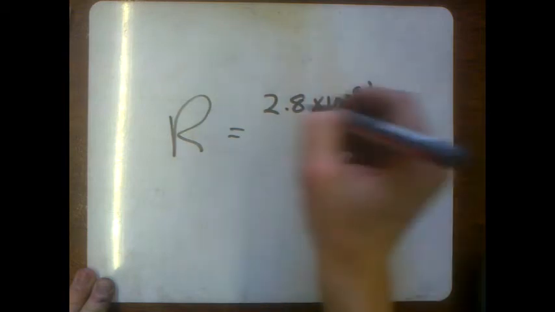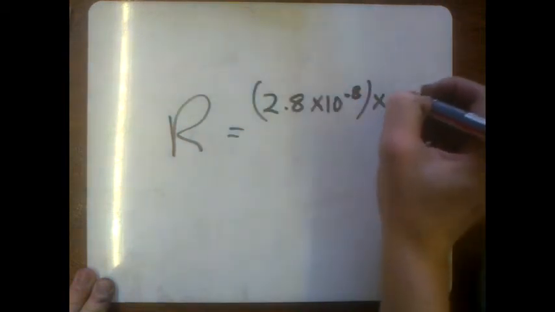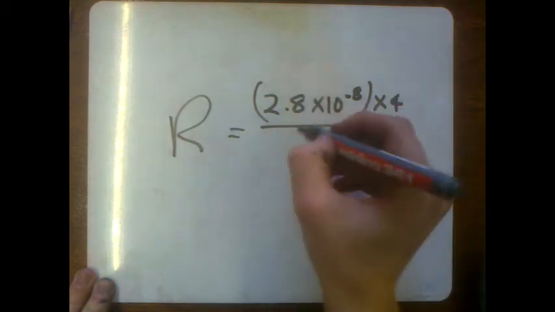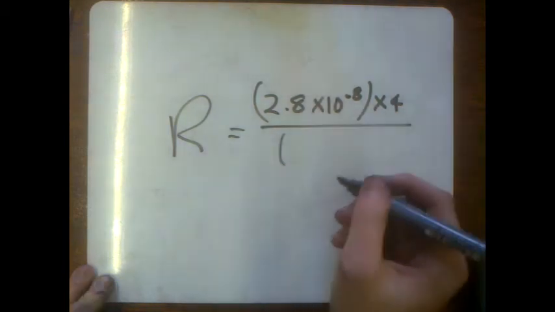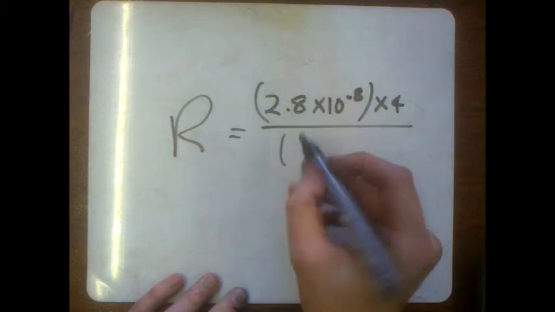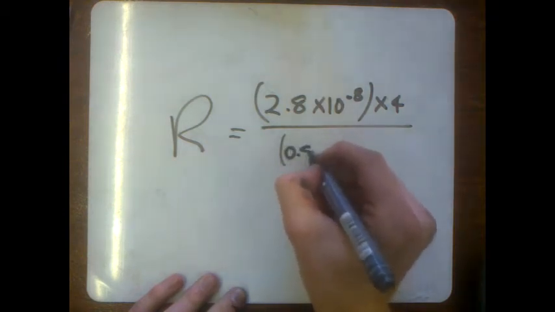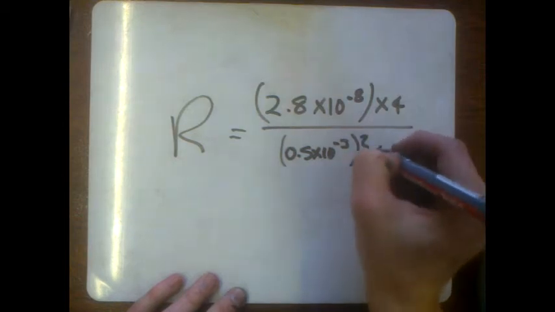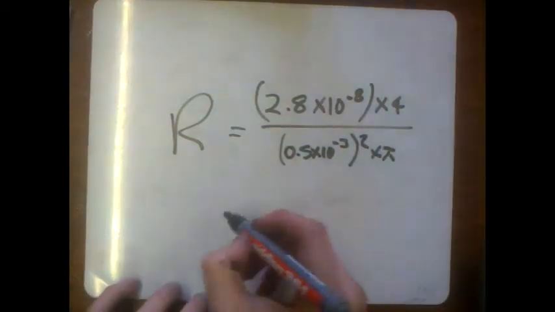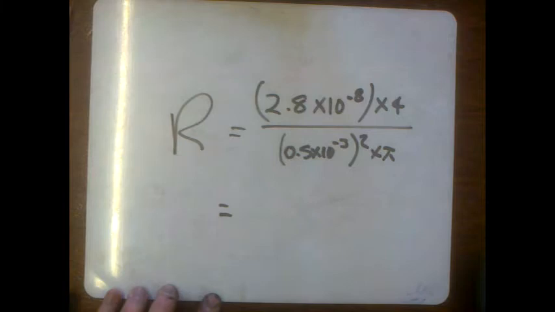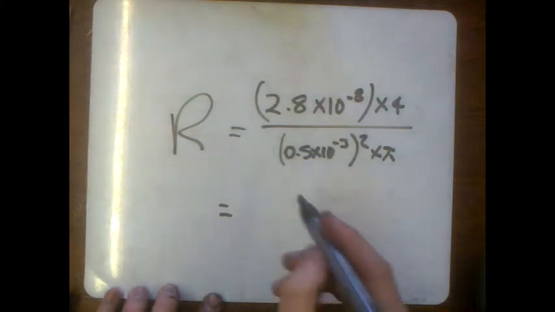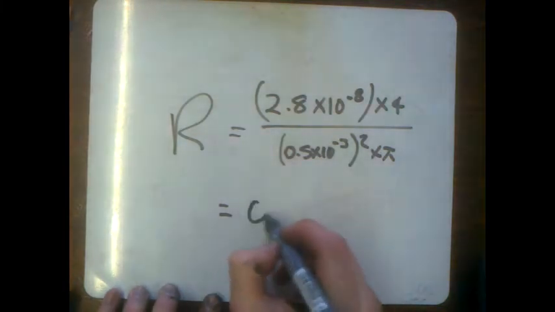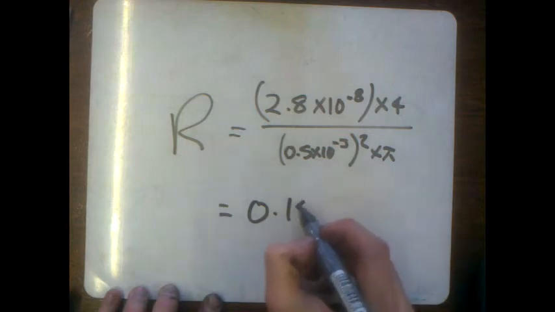When we put this into the formula, we get R equals 2.8 times 10 to the minus 8 times 4 divided by 0.5 times 10 to the minus 3 squared times pi. Which is 0.14 ohms.